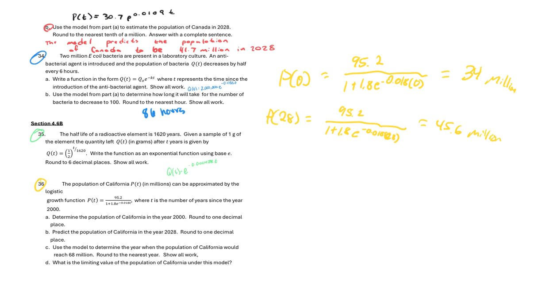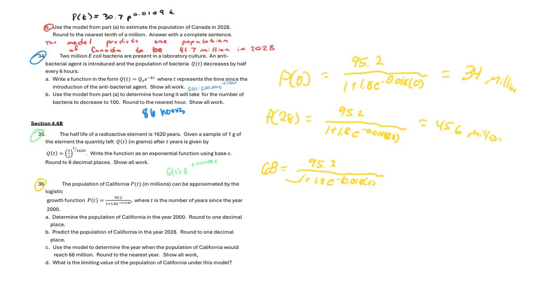C, use the model to determine the year when the population of California would reach 68 million. So we know our answer is 68, which equals 95.2 over 1 plus 1.8 e to the negative 0.018 t.